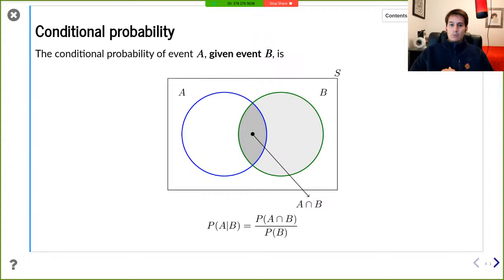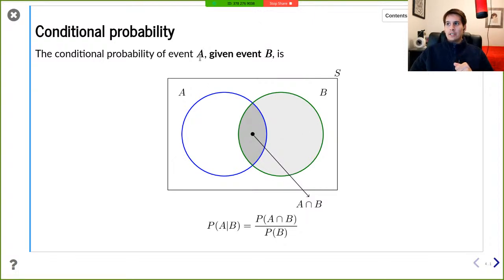And basically what we're doing by doing that is that given that the event B already happened, we can think of the sample space not to be the whole space, but just the part that has B. So this is the total of possible cases, given that B already happened.